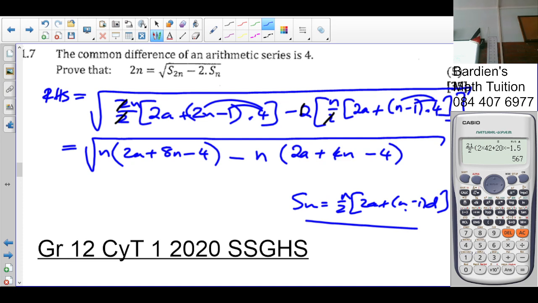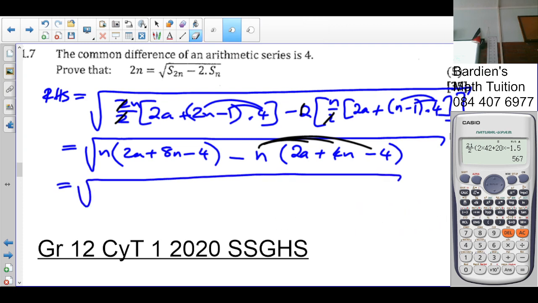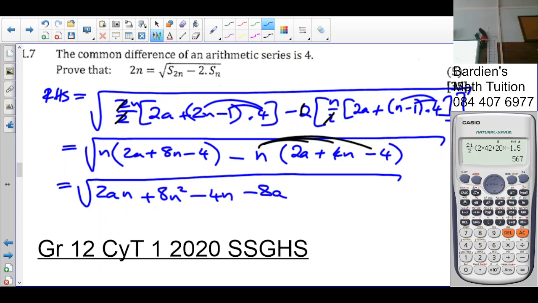Do you all agree with that? So what do I do now? Get rid of the inner bracket. So that is going to give me the square root of, this is now gone, taking that out, I don't need it anymore. So it's 2an plus 8n squared minus 4n minus 8an minus 4n squared plus 4n. So what happens now? Simplify. Cancel where we can.